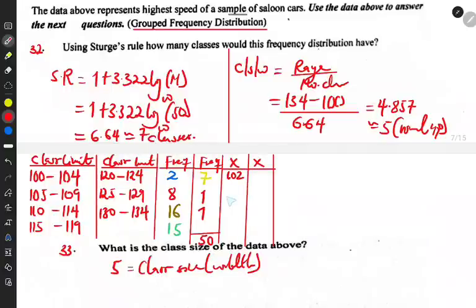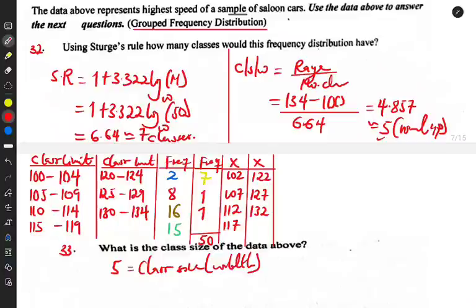The next one, 105 to 109, is 107. The third one is 112. The fourth one is 117. The fifth one is 122. Then the sixth, 127. And the seventh one is 132.